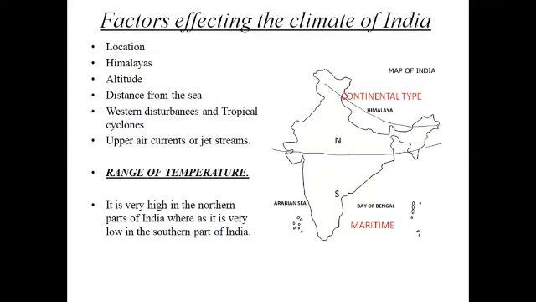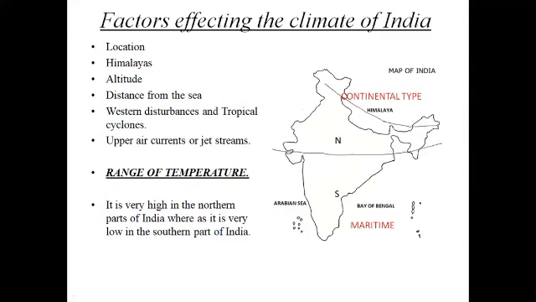So when the westerly jet stream enters from this part, the western part of India, look at the cursor, the winter monsoon, which is coming from the northeastern part of India, it blocks and pushes it back.